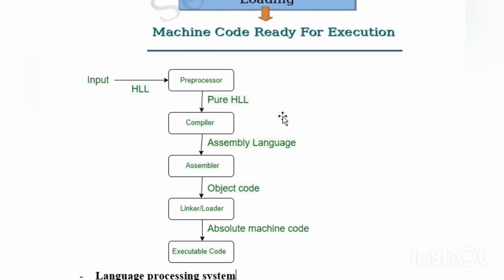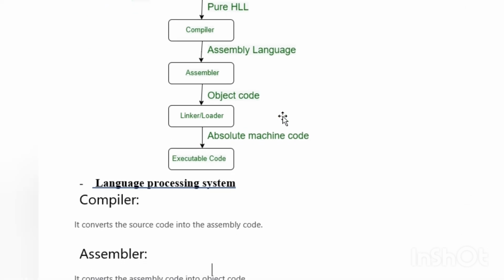The more detailed diagram for this: input is given by the user in high level language. It then goes through the preprocessor in the form of pure high level language. Then it passes the compiler, which converts it into assembly level language. Then it goes through the assembler, which converts it into object code. Then it passes by the linker and loader to get converted into absolute machine code, and then we get the executable code.